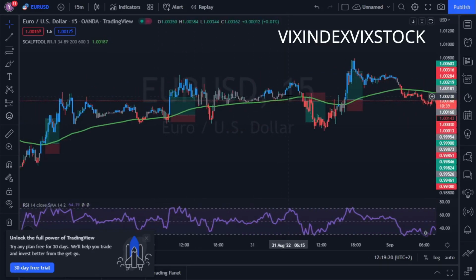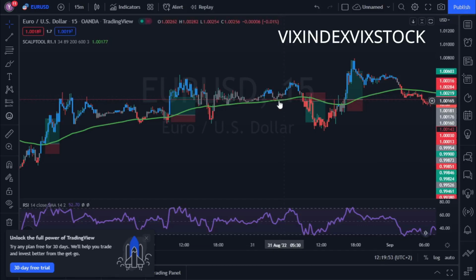In some instances, you might not reach the definite 2.5 or 2. It's up to you. You probably are going to need to trail your position, or you just close your position if you feel like it's probably going to turn against you. For example, in this scenario, our RSI was above our middle line with a blue candle.